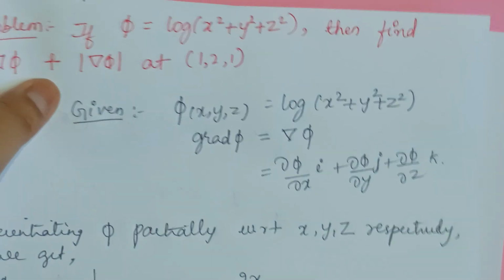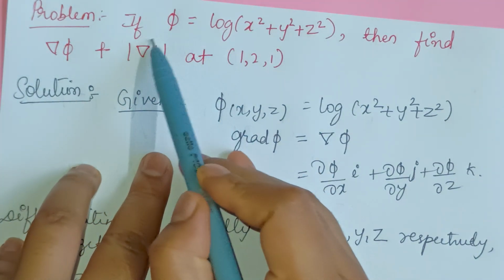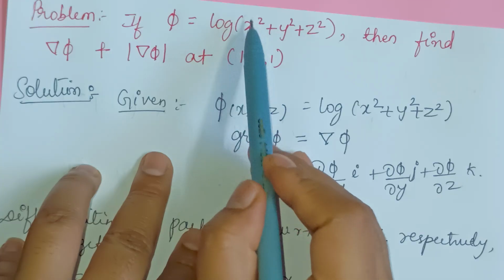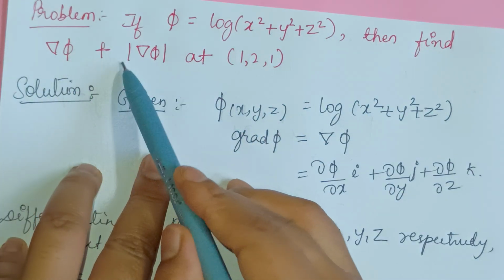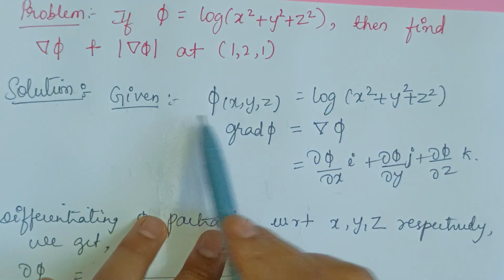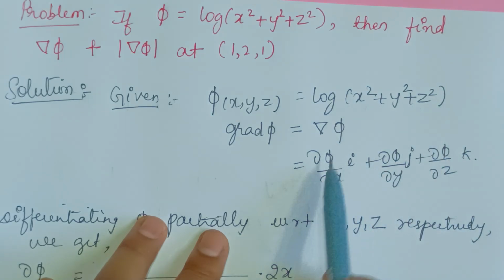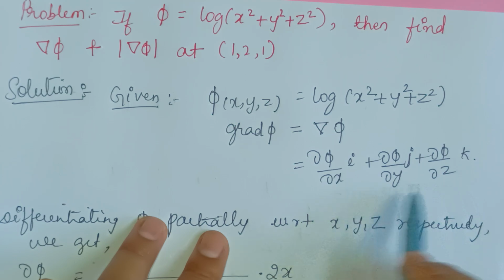Okay, I'll just give you the overview. The question given is: if phi is equal to log of x square plus y square plus z square, then find del phi and magnitude of del phi at the point 1, 2, 1. So the given question is this, and del phi can be written as this equation, correct?